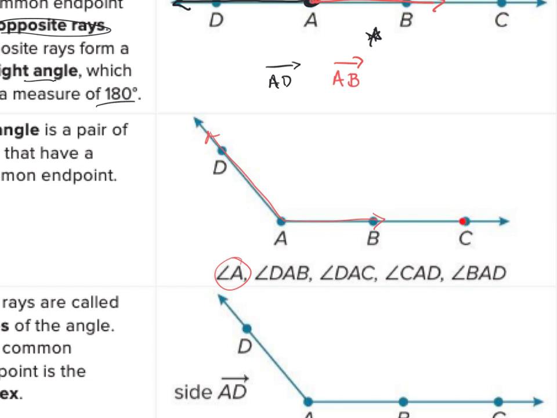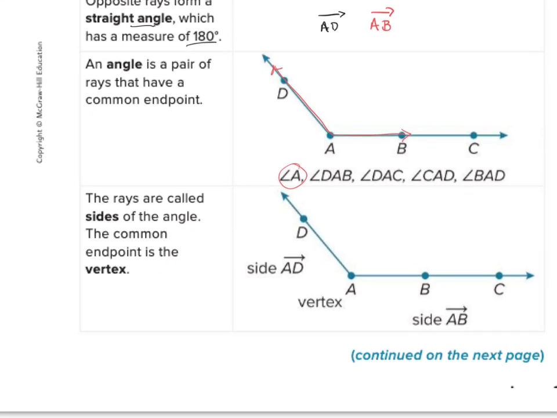We could also call it angle CAD. Just noticing that my vertex is always either named alone, or in DAB, DAC, CAD, or BAD. So when I'm using three letters to name an angle, my vertex always appears in the center. That is something that you can identify from its name, the vertex.